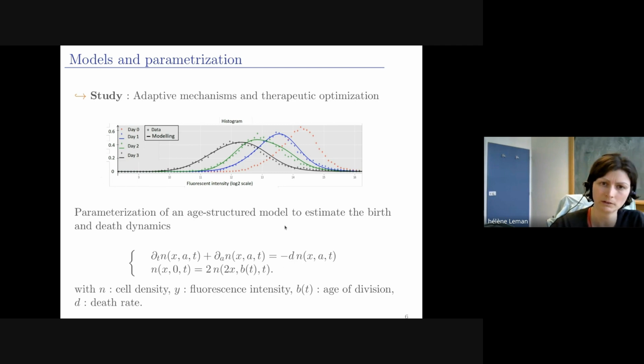In our experiment, and in general, it's important for us to have access really to the birth and death rates of the population, and not only to the growth rate, because two populations with the same growth rate but with different birth and death rates will have a really different genetic composition at the end.